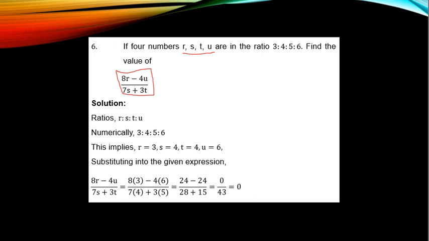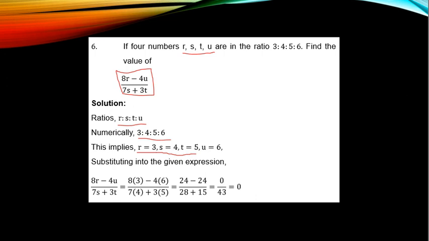This is very simple. Write the numbers as R ratio S ratio T ratio U. Numerically, with this ratio, when you compare, it means R is equal to 3, S is equal to 4, T is equal to 5, and U is equal to 6.